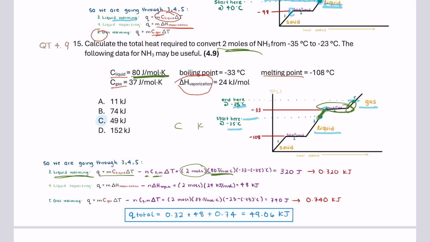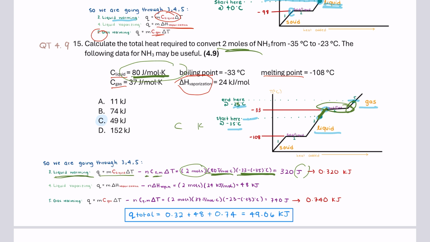They're going to be equal when you take the difference because 1 unit in Kelvin is equal to 1 unit in Celsius. So technically, we can rewrite 80 joules per mole per Kelvin as 80 joules per mole per Celsius, and then take delta T in Celsius. That way the units cancel out, so we get our final answer in joules.